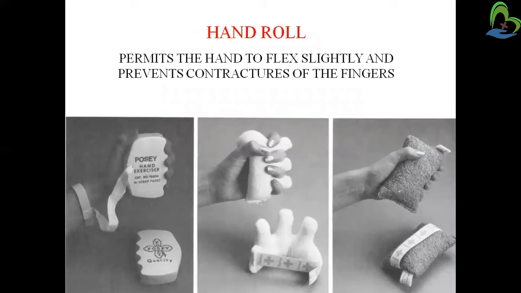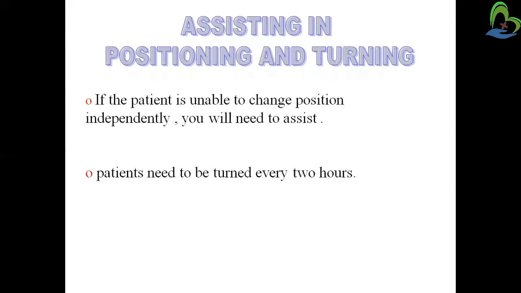What is the use of the hand roll? It permits the hand to flex slightly, keeps blood circulating easily to all fingers, and prevents contractures of the fingers. This is the hand roll.